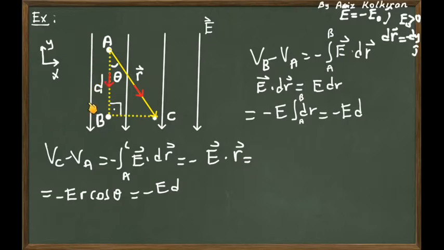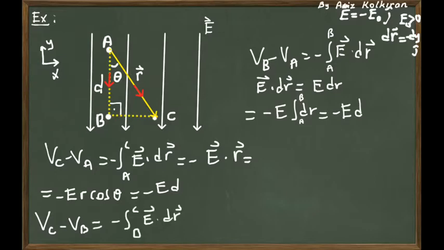That means the potential of point B and the potential of point C is the same. That means VB minus VC is equal to 0. Let's check this by using the integral again. The potential difference between C and B, VC minus VB.